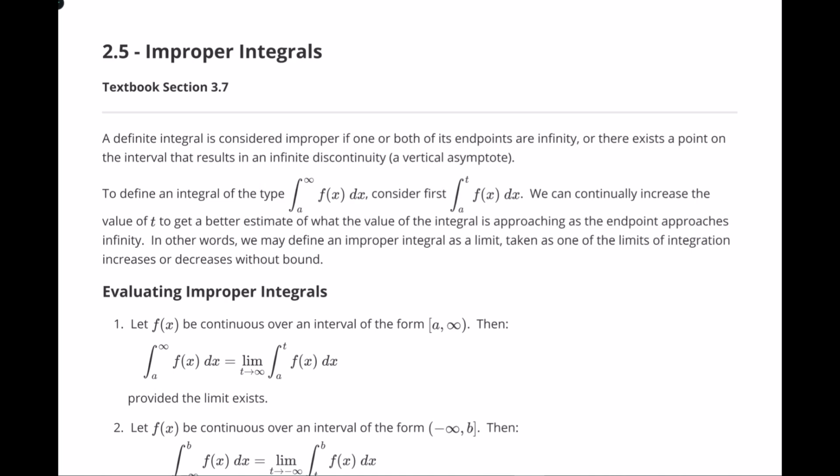And so we'll look at how to deal with both of these cases, but we'll start with improper integrals of the type that have an endpoint at infinity, because that's usually the most visible and the easiest for students to wrap their heads around.